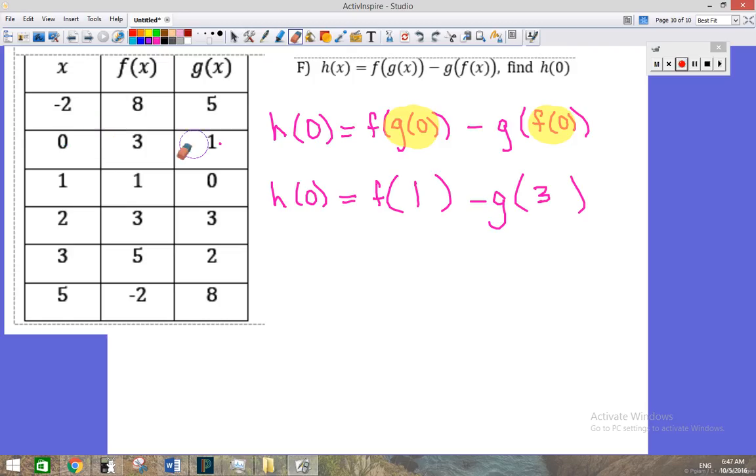Alright. f evaluated at 1, when x is 1, f is also 1. When x is 3, g is 2, and 1 minus 2 is a negative 1.